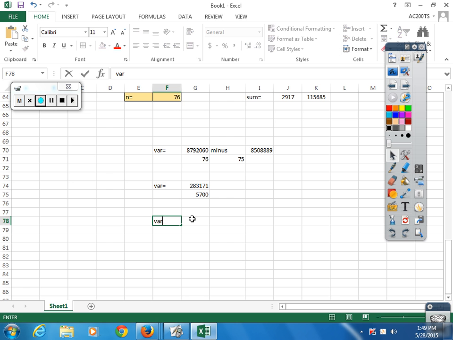And then variance is equal to this divided by this. And then what do you do to the variance to get the standard deviation? Raise it to the 0.5 power, and I get 7.05.